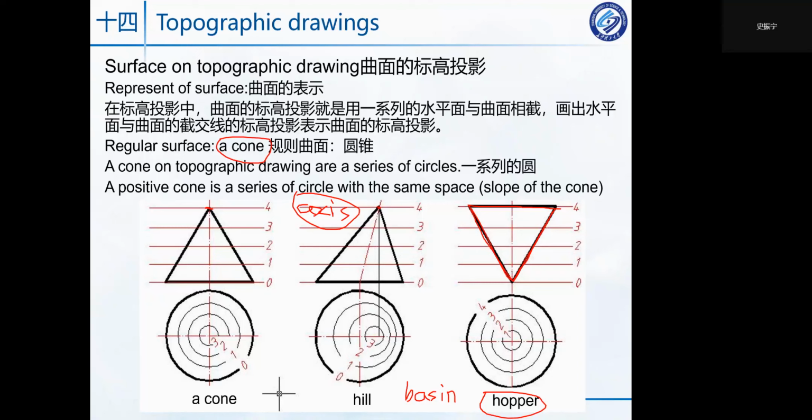So you can see this is the bottom and this is the top. That is the properties of the surface of a cone.